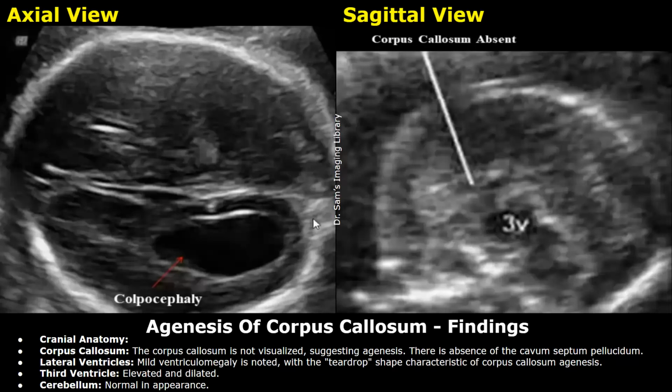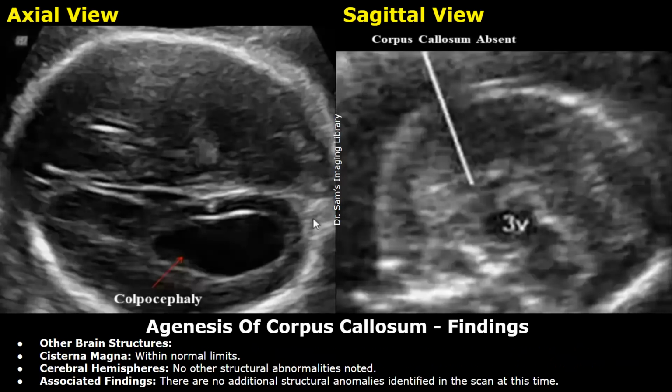Third ventricle elevated and dilated. Cerebellum normal in appearance. Cisterna magna and cerebral hemispheres are normal, and there are no additional structural anomalies identified in the scan at this time.